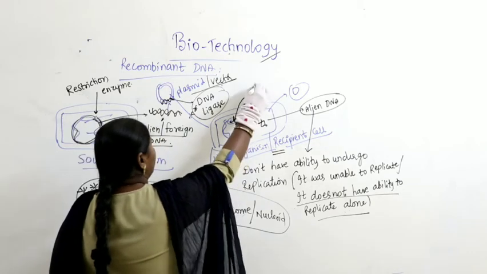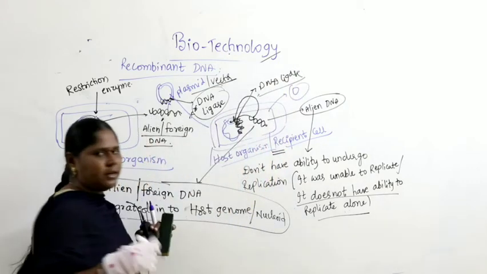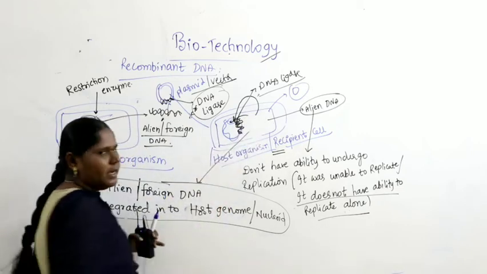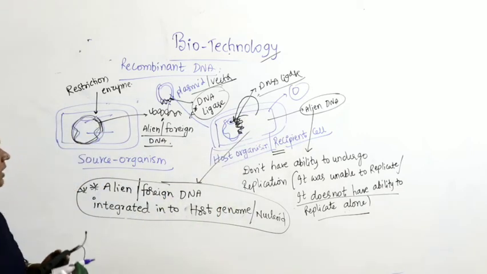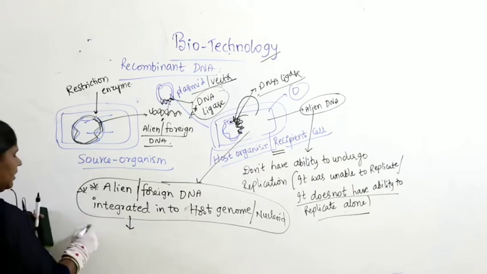here, again with the help of DNA ligase, in the next set of experiments they got it introduced here. Alien DNA got integrated into this. As a result, what happened?